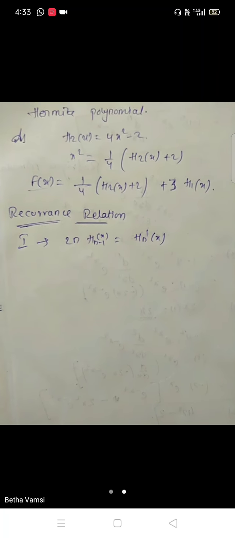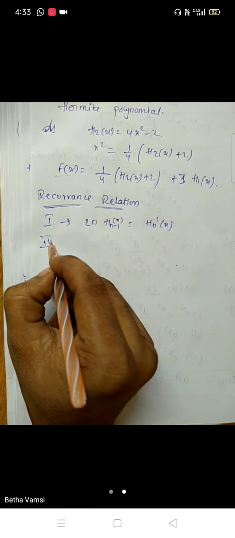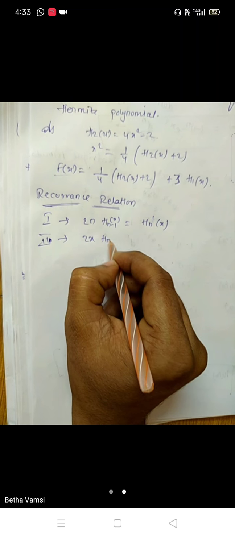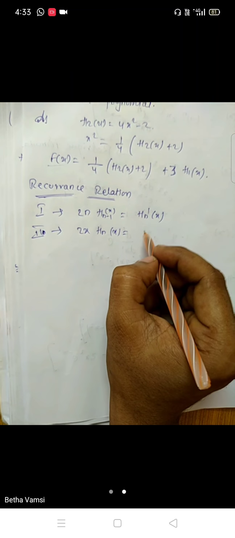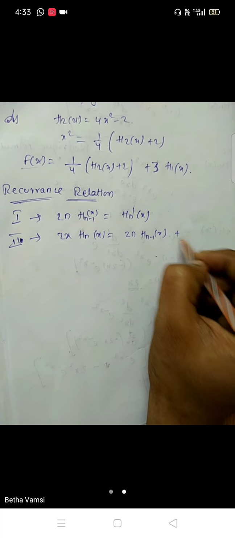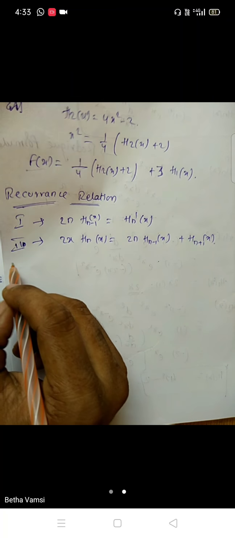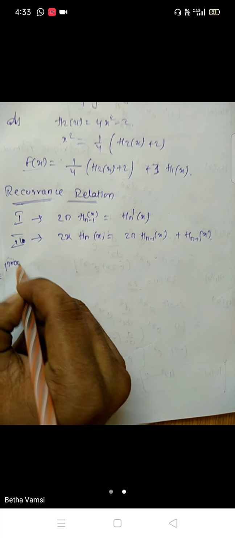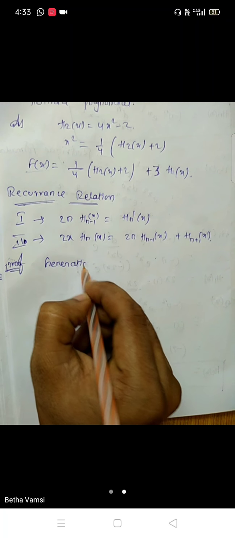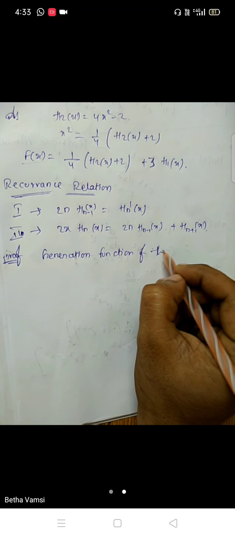H prime means the first derivative of h n of x. The second recurrence relation is 2x h n of x is equal to 2n h n minus 1 of x plus h n plus 1 of x. Now we have to prove the first recurrence relation. So we know the generating function of the Hermite polynomial.